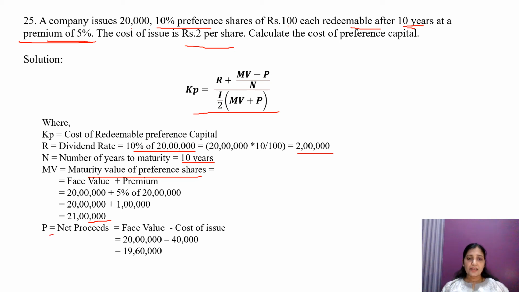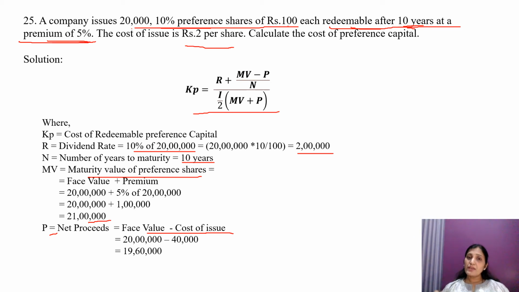Now P, that is net proceeds, is equal to what? Face value minus cost of issue. Remember here, I'll read out once again. A company issues 20,000 10% preference shares of rupees 100 each, redeemable after 10 years at a premium of 5%.